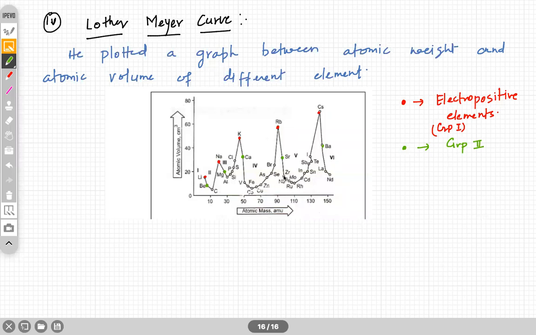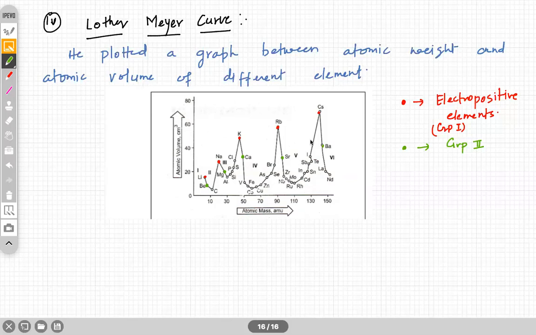More electronegative elements, like halogens, fluorine, chlorine, bromine, iodine, occupy the ascending position of the curve. Here we have chlorine, bromine, iodine. Somewhere here we have fluorine, right? So on the ascending position of the curve, halogen atoms are present.